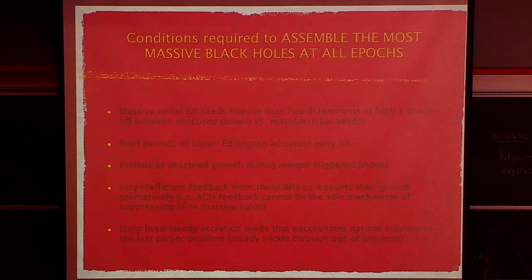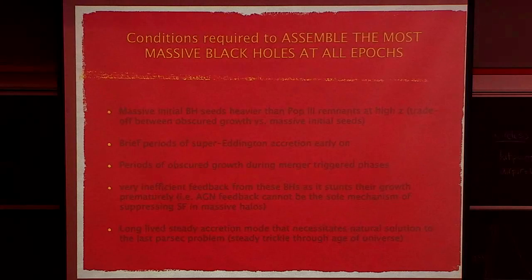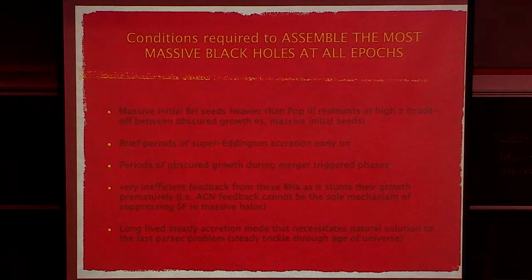So you raised the question of whether it's even required to solve the final parsec problem. If this steady accretion is going to occur, then is that unfavorable for kicks? Right.